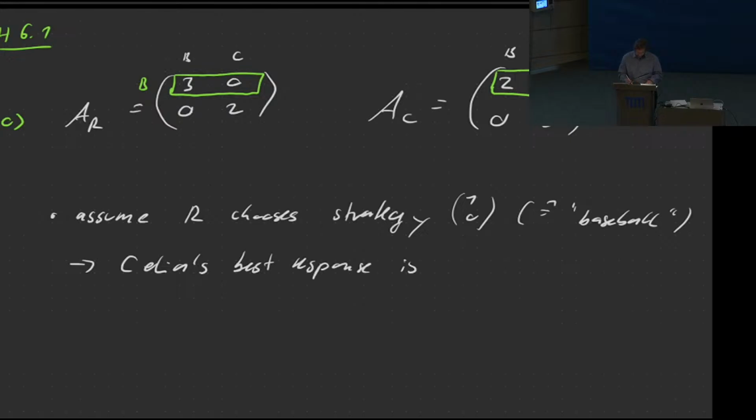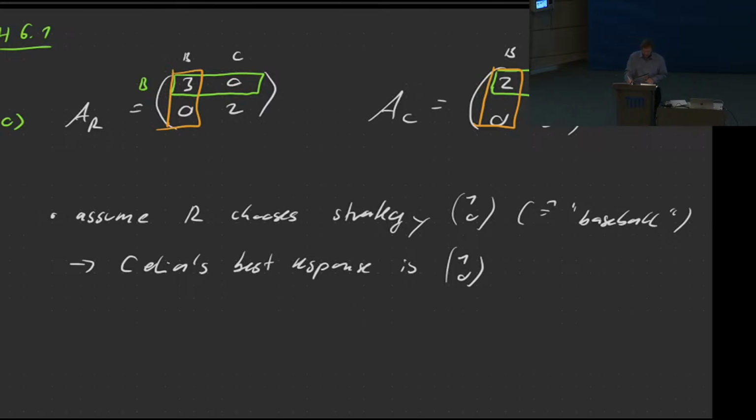Well, that is also the strategy go to the baseball game, also 1, 0. In this case, Romeo gets a payoff of 3 and Celia gets a payoff of 2. So if she chooses that strategy, that means we are in this situation, and of course the same is true here.